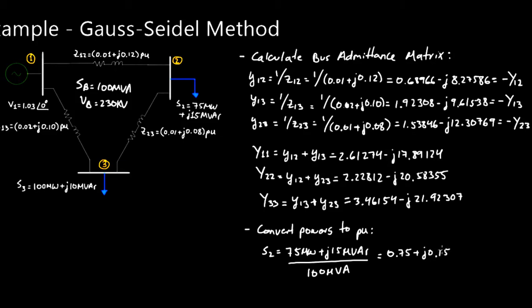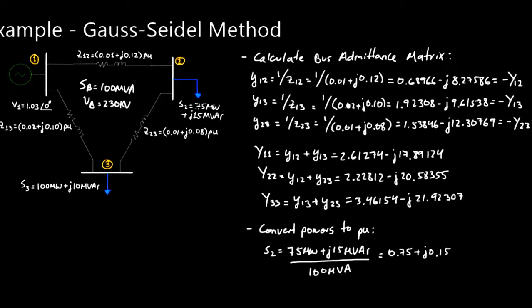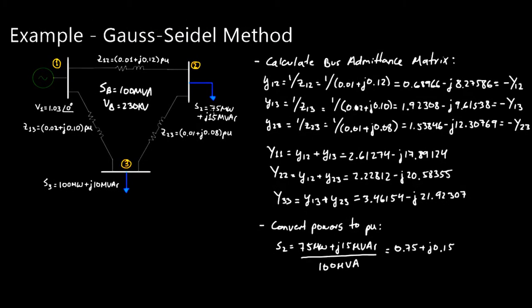Now one thing that I want to mention here as well is that for the Gauss-Seidel solution, we're going to assume that power injection into a bus is positive and power being drawn from a bus is negative. That's really important because we need to define power injection opposite to power drawn from a bus.